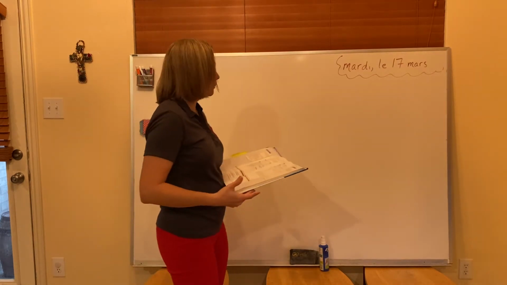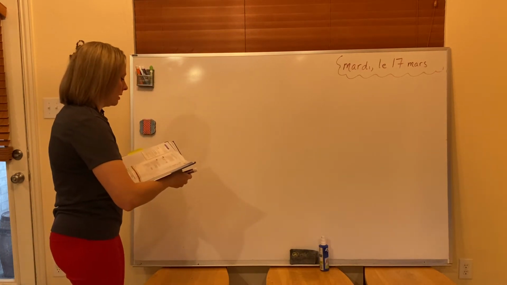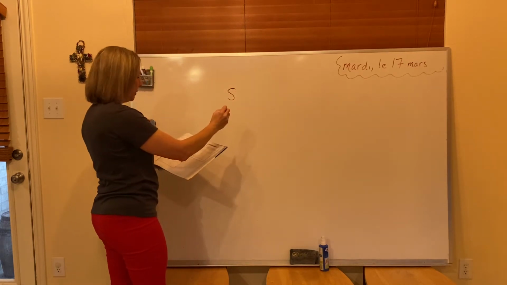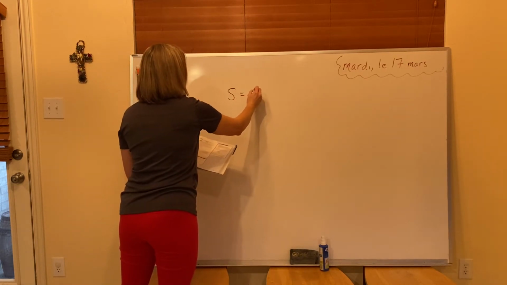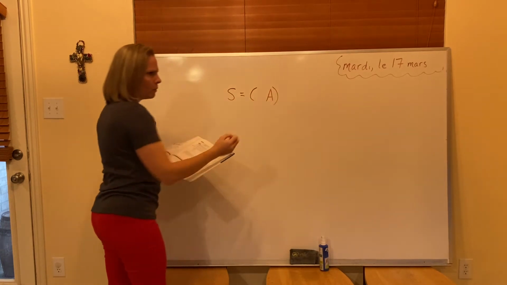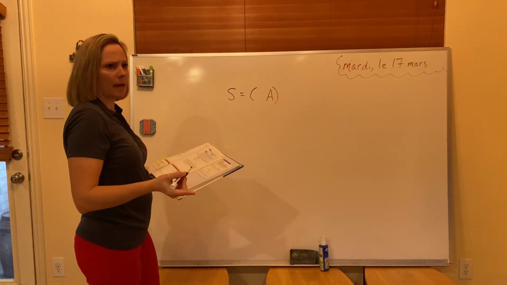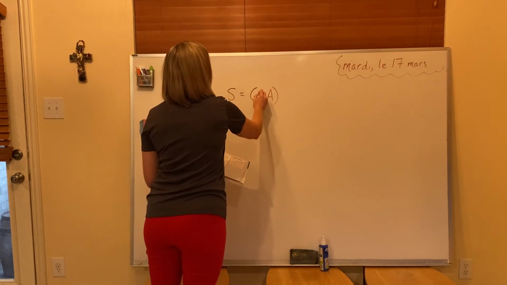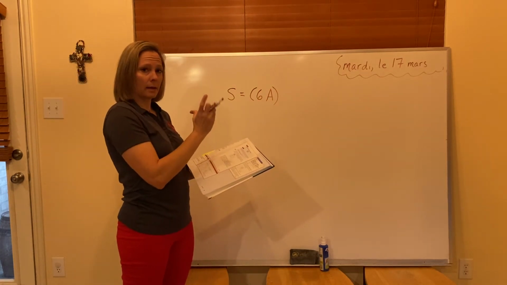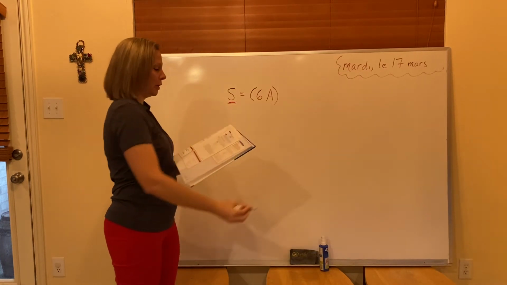They show us the formula: S, the surface area of the entire cube, is equal to something times A, which is the area of one side. Remember, a cube has 6 sides, so we multiply 6 times the area of one side to get the surface area of the entire cube.